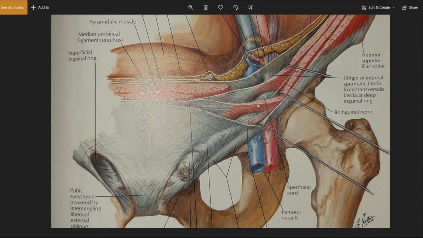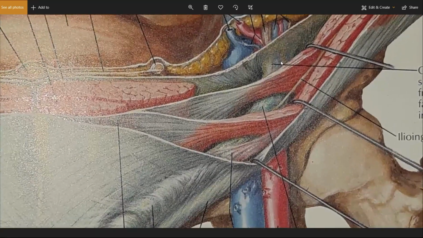Now let's talk about the posterior wall of the inguinal canal. So now we are moving to the posterior side. If you remember, this was the fascia transversalis, which lodged the deep inguinal ring, right?